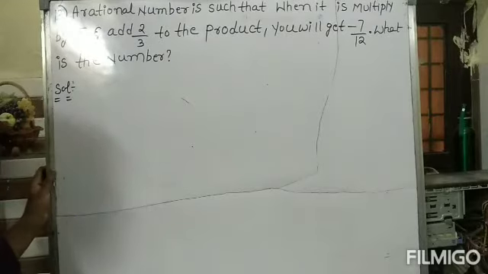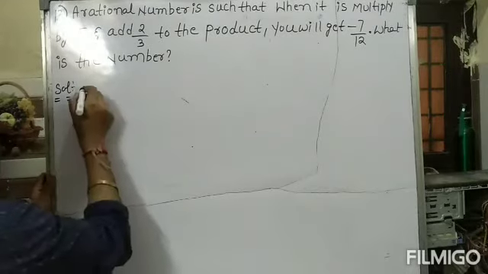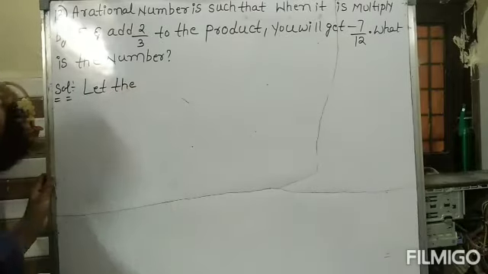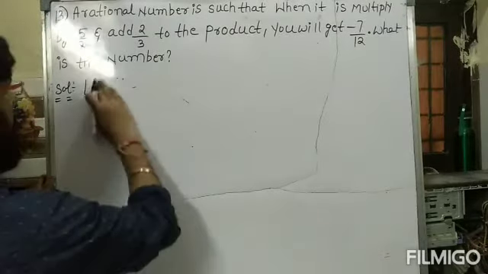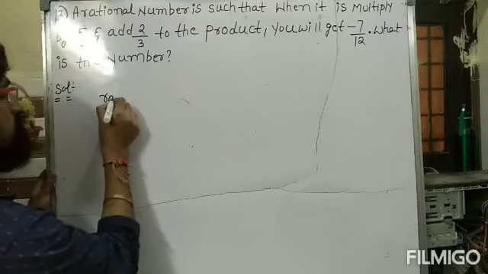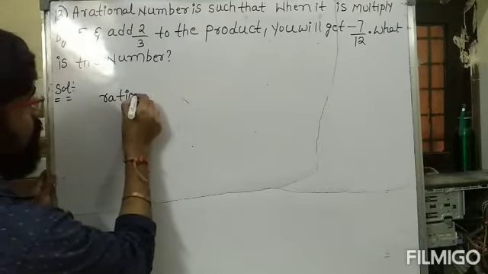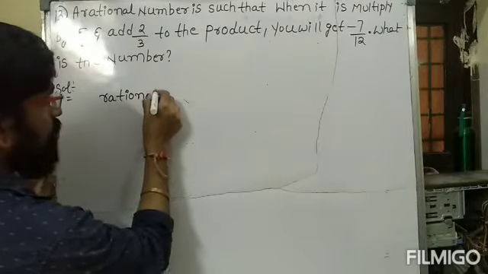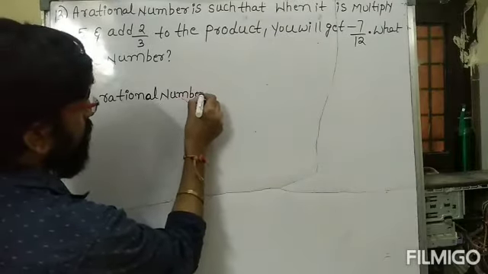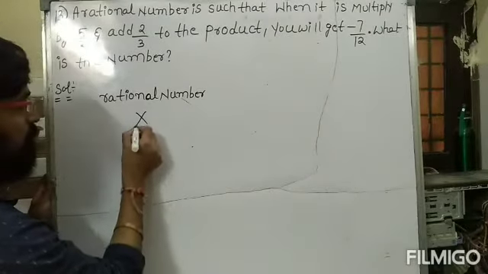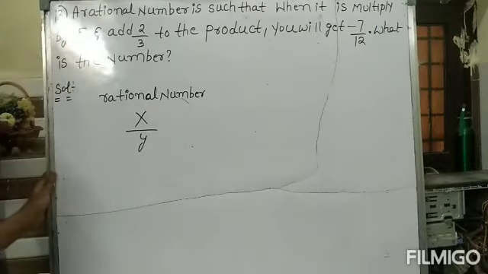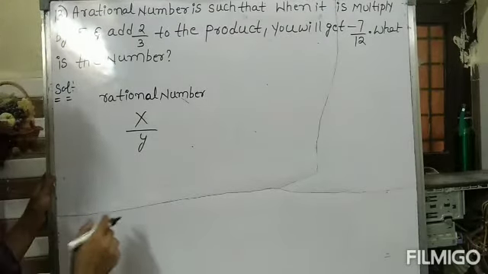But rational numbers are in the form of P by Q. In first chapter it is there. Let us write rational number is x by y.